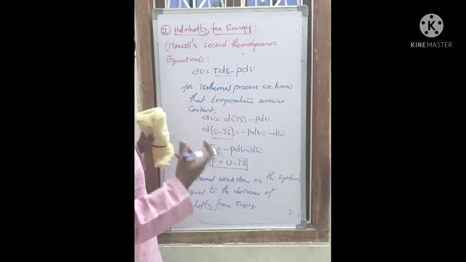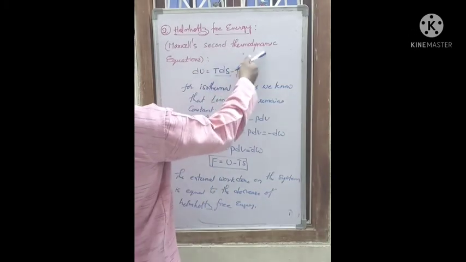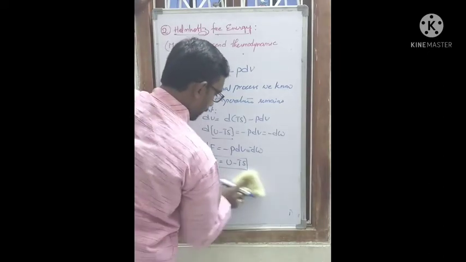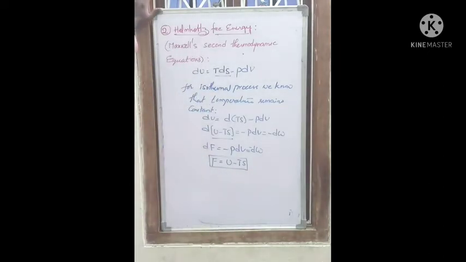Then after we are going to derive Maxwell's second thermodynamic equation. Let us see how we can derive. Now what you have to do here, you have to differentiate this one.